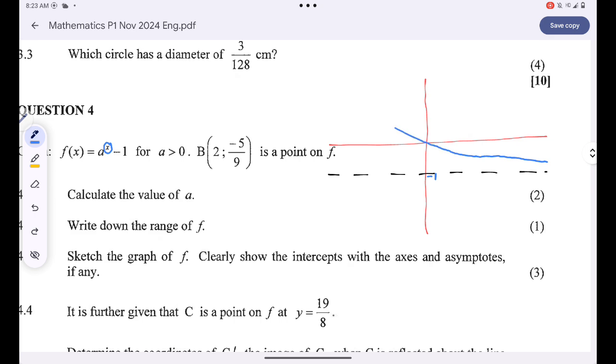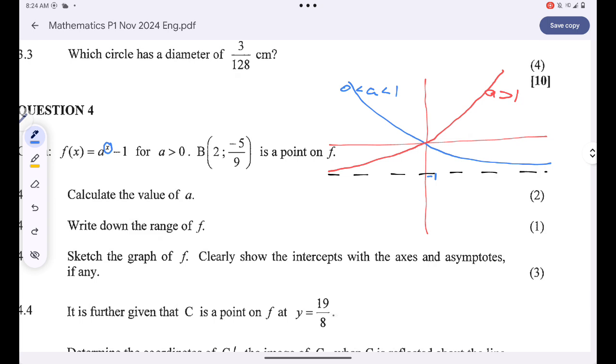My graph will either look like this, or like this, or simply like this. Are you together? My graph will look like this if a is a positive number that is greater than 1, or I will take the blue graph if a is a positive number which is a proper fraction, basically between 0 and 1.